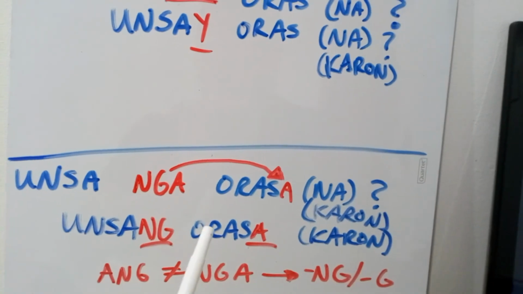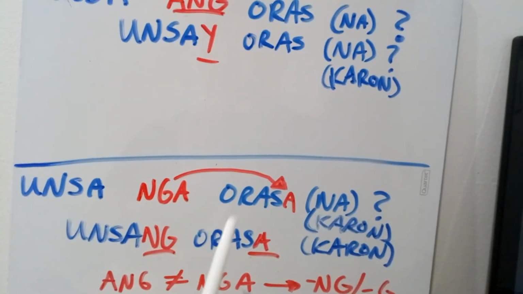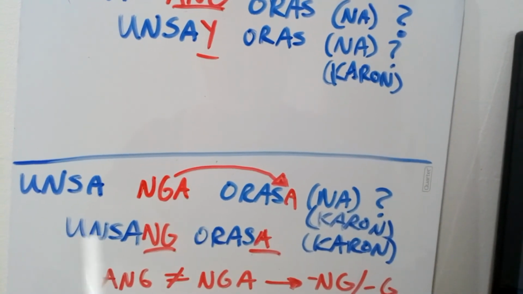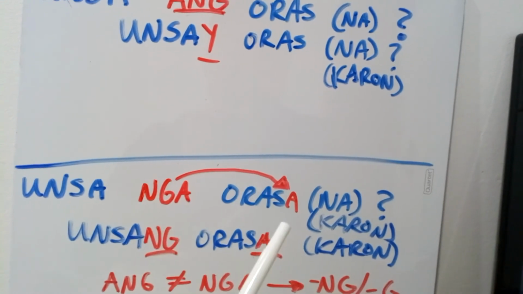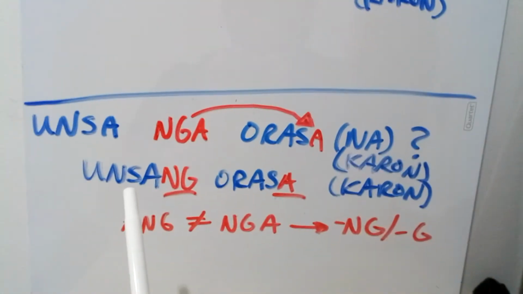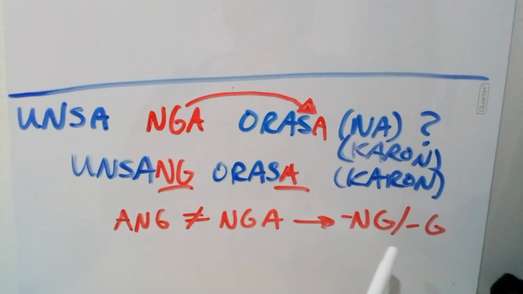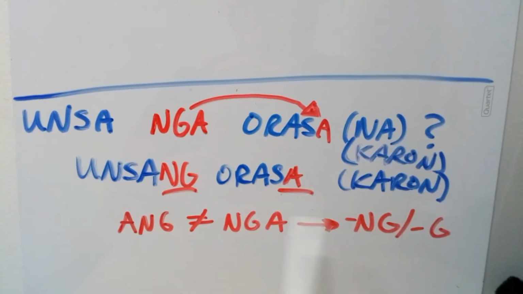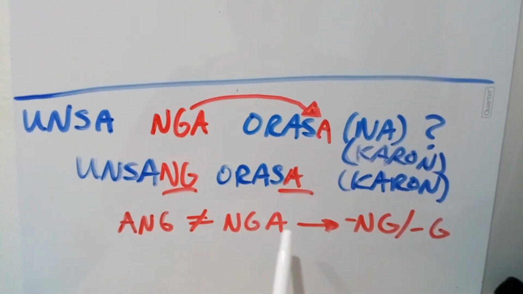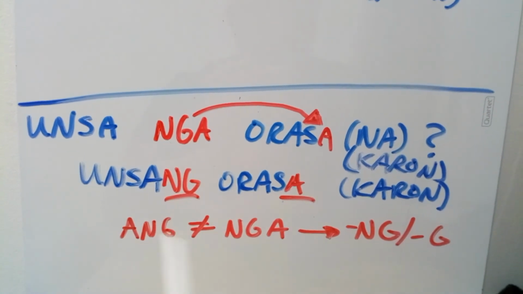And if we're going to have specificity in the meaning, we have to change the grammar a little bit. Now here's where the mistakes are being made, and this is where I see it, especially with native speakers. Ang is not the same as nga when you're going to contract words, all right?